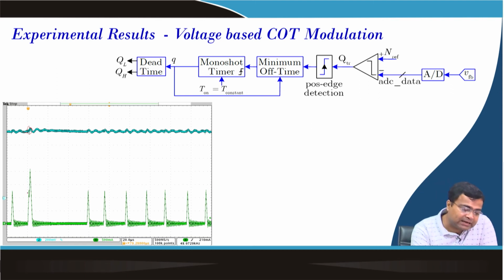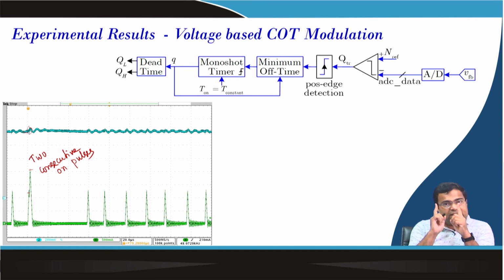So, then it is undergoing 2 consecutive on pulses. That is why it is like double, but we also discussed we are putting a minimum off time.